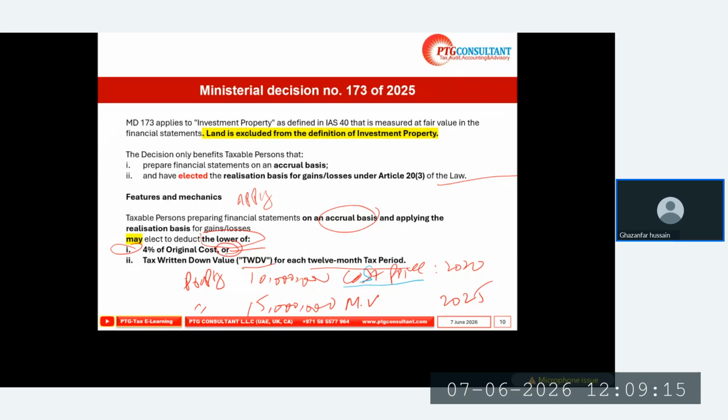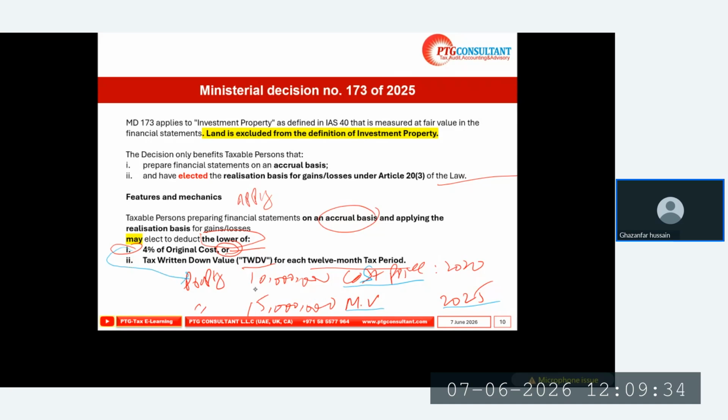The cost is 10 million and the market value in 2025 is 15 million. So now the first point is referring over here.